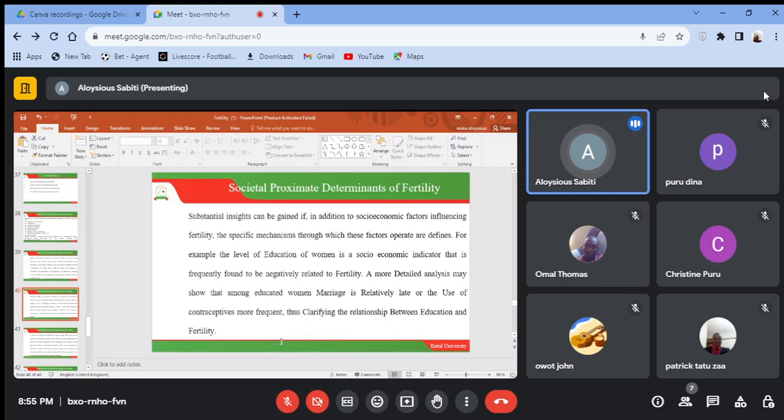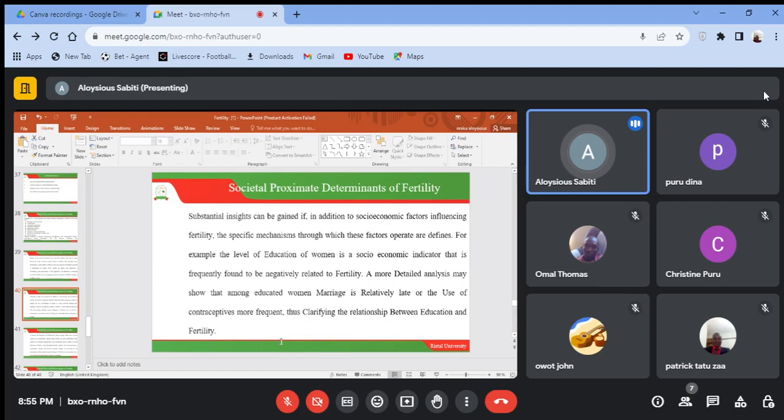But in this particular case, you will further see how we do not use the socioeconomic factors, but we go ahead to look at more proximate factors, because these socioeconomic factors act as intermediates.